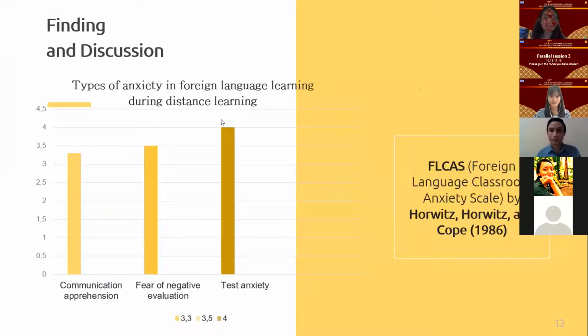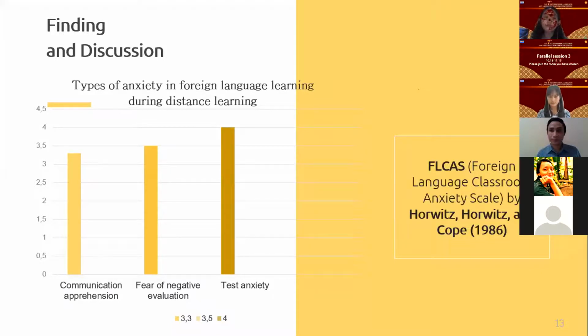And about the findings and discussion, the first one is types of anxiety in foreign language learning during distance learning. Here I used the scale proposed by Horwitz and Co. It's called the Foreign Language Classroom Anxiety Scale. And the researcher found out that the biggest anxiety encountered by the students is test anxiety.